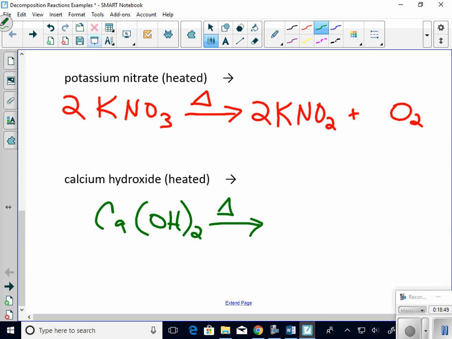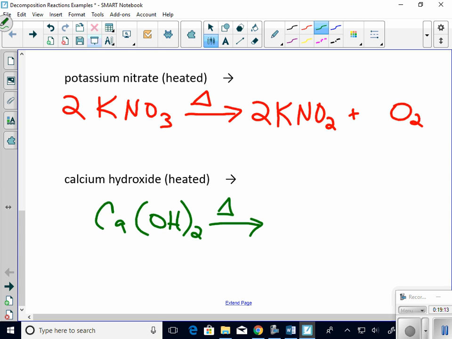It's heated, so once again, I have the delta above my yields. Which one is the decomposition dealing with hydroxides? Number 2. So number 2 tells me that I'm forming a metal oxide and water.